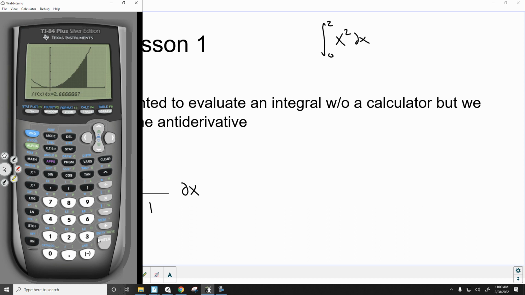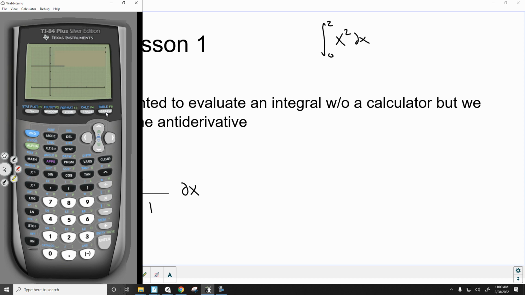If you try to graph an integral, what happens? I think it takes a long time to do it. Don't do that. It's doing the accumulation every single time.